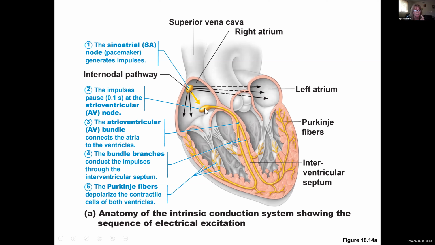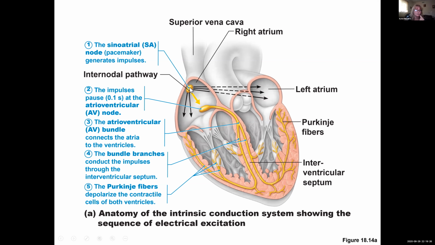They are also muscle cells, by the way, but their job is not to contract, but to generate this action potential, this impulse, and distribute it through the myocardium. And then the myocardium can contract. So those yellow lines and these nodes are the conduction system of the heart.